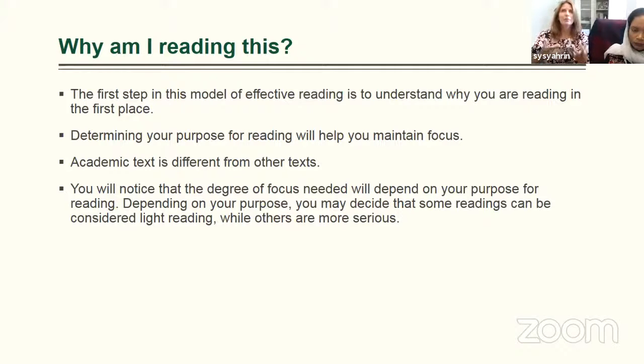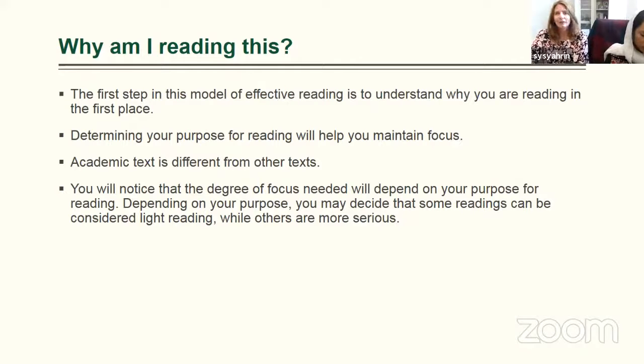Remember, I'm sure this seems pretty obvious, but academic text is different from other text. Very clearly, academic text is considered a lot more challenging than regular text that you read every day. Like Sharina mentioned, if you're reading for a movie, if you're looking at certain things like WhatsApp messages and things like that, these are very simple forms of text reading. You're not going to have to spend a lot of brain power to figure out what you're reading.